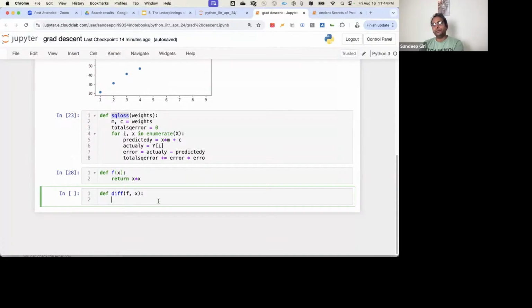How do you compute the differentiation of a function? The first principle. What does it mean by the differentiation? Okay, rate of change. We want to compute the rate of change of the output of f with respect to x. How do you do that?